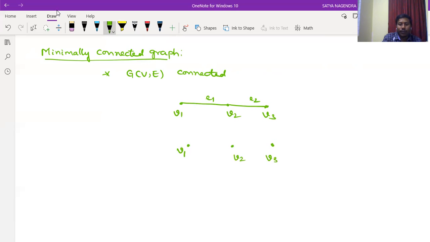I'm deleting the edge between V1 and V2. Then the resultant graph, if it is G, I am taking it as G dash. Here G dash is a disconnected graph. So then you can call this G a minimally connected graph.